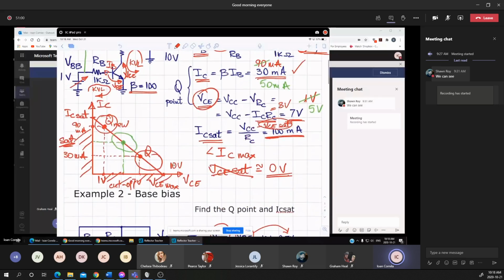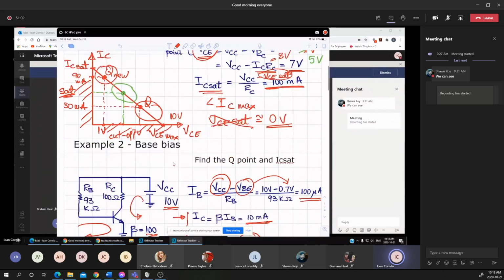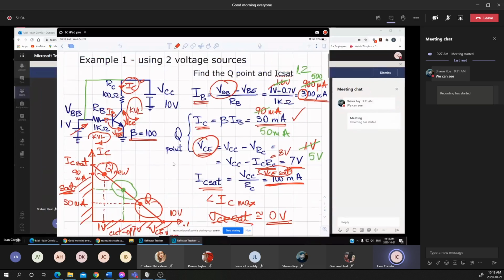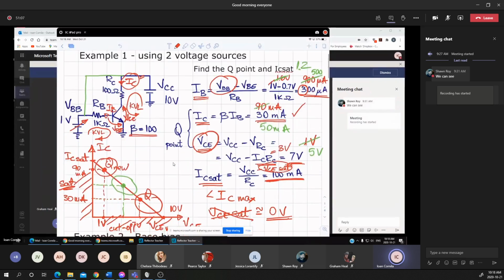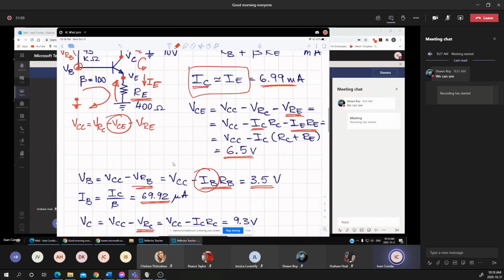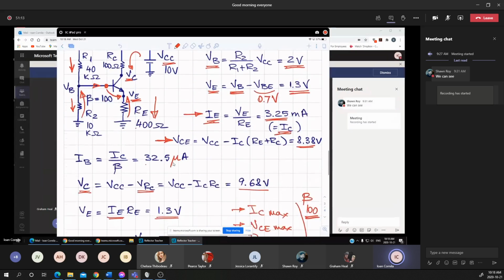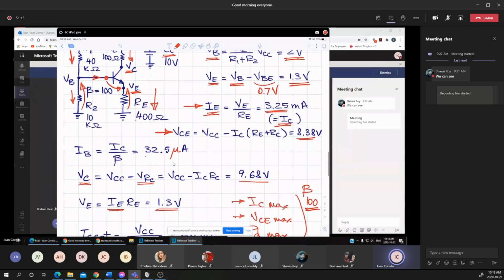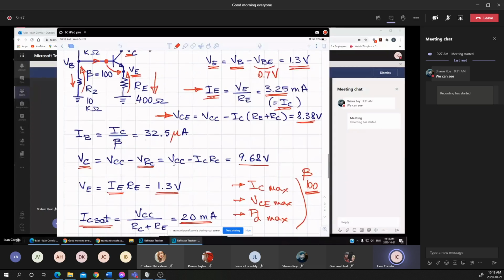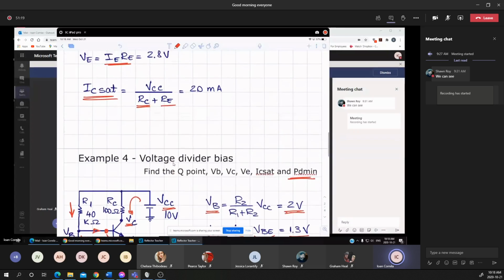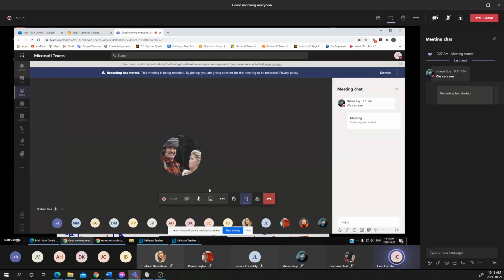Again, I will post these examples in detail. I'll brush it up, I'll clean it up again, and it will be posted probably this week as an example, which helps you in solving those problems for the assignment and for the test.